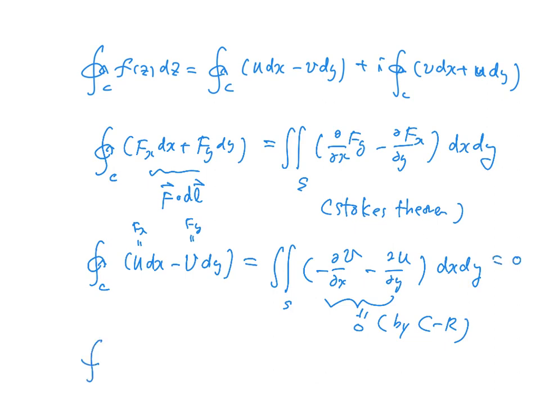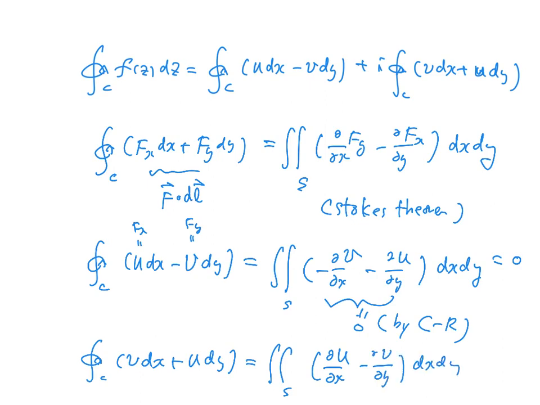The other one, v dx plus u dy, is again the double integral of partial x of u minus partial y of v, dx dy. This is again 0 by CR, right?